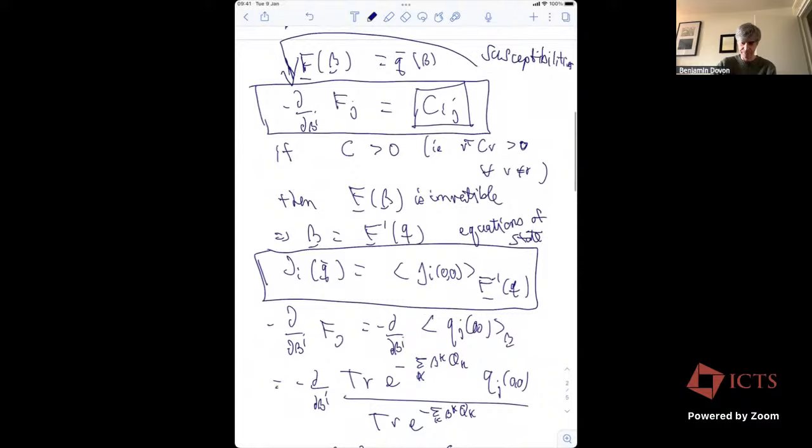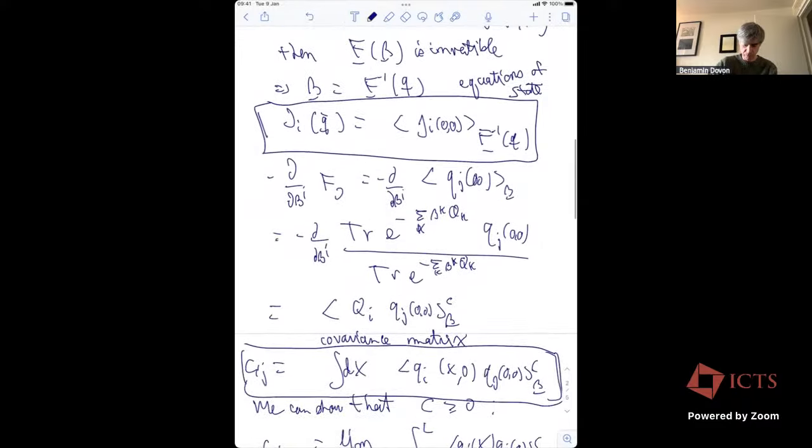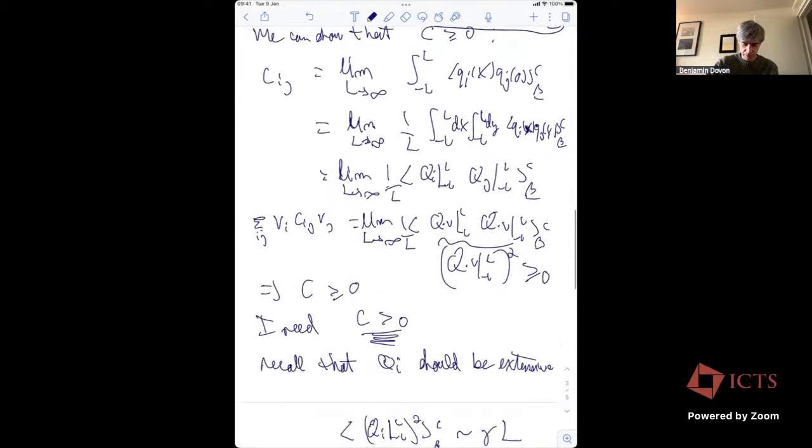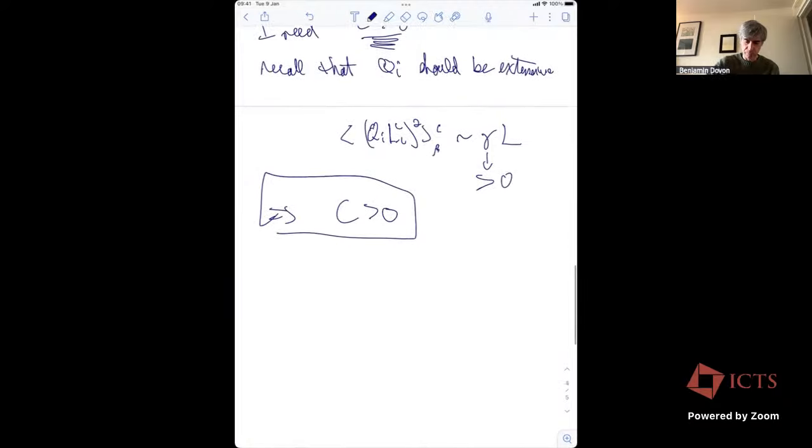So this is the first thing about this general principle. It's not just an arbitrary function from beta to Q; it is an invertible function. Any questions about this?